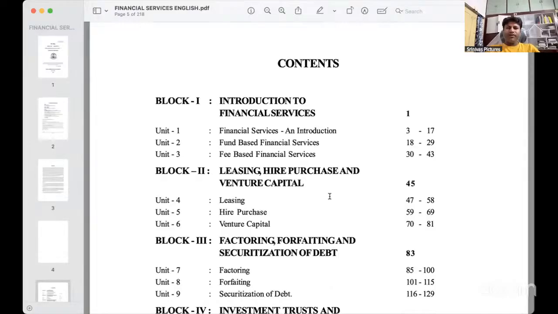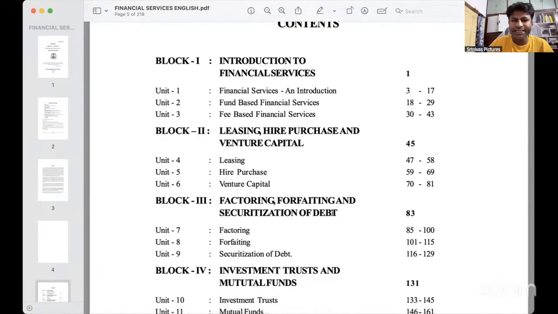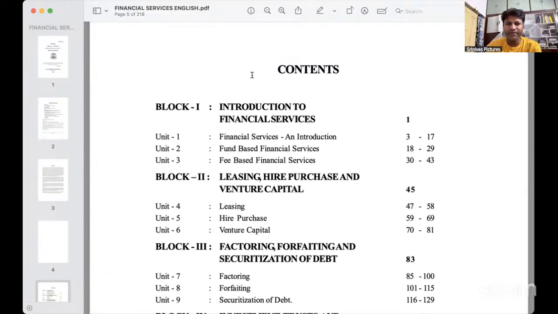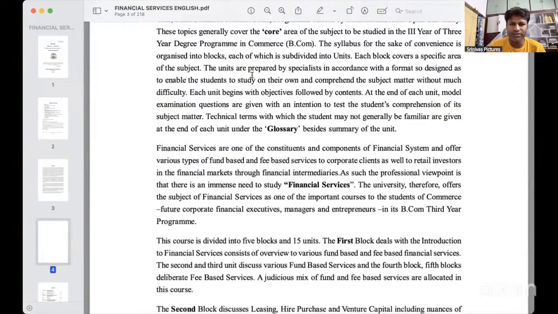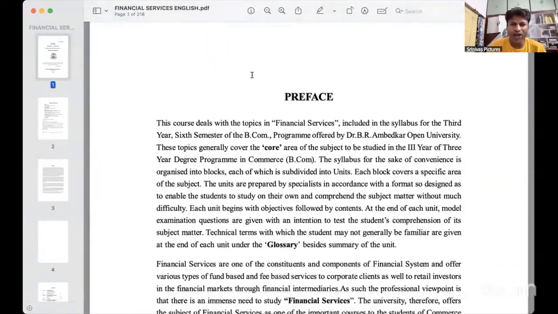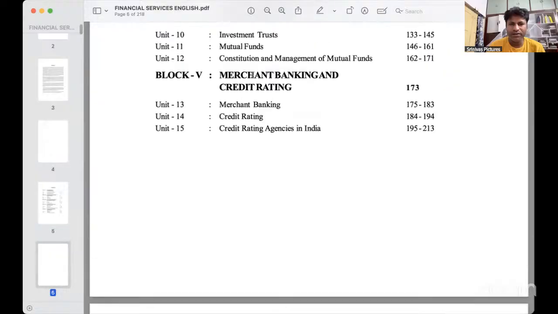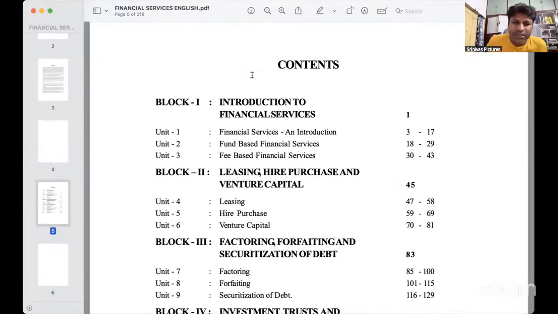See the syllabus, whatever I explained in previous classes. In financial services, we have 5 blocks actually. In those 5 blocks, Block 1 I already covered, the introduction to financial services.